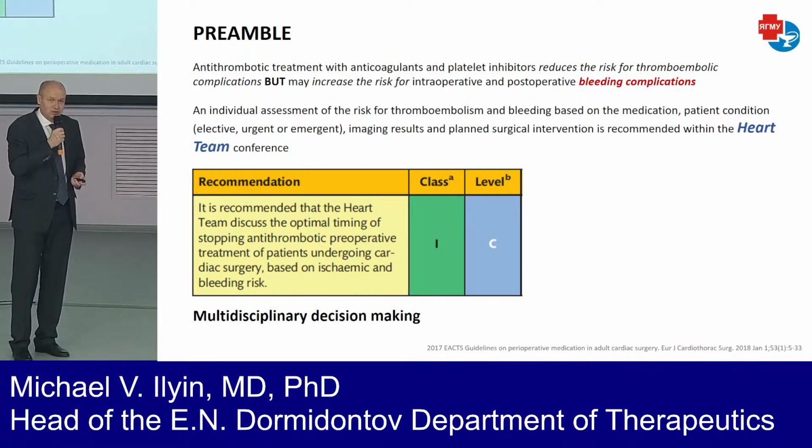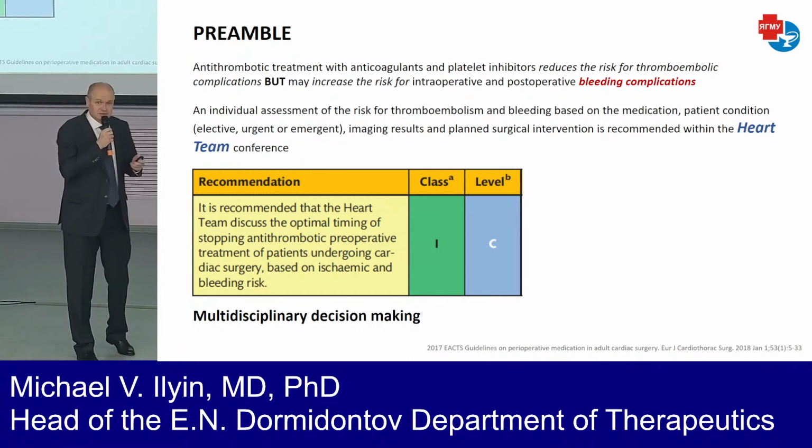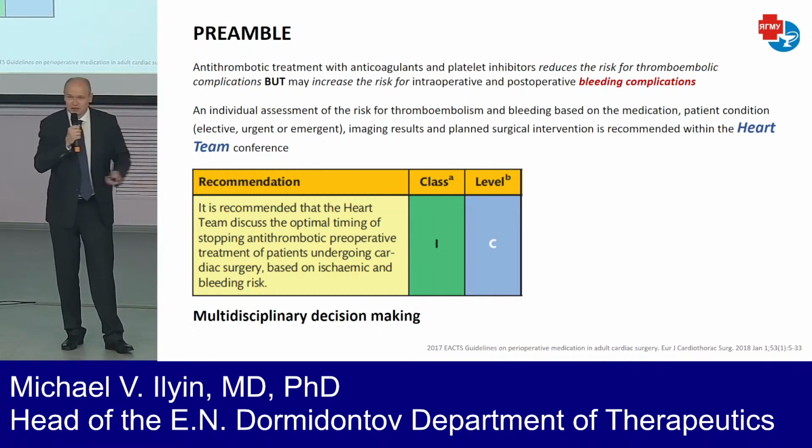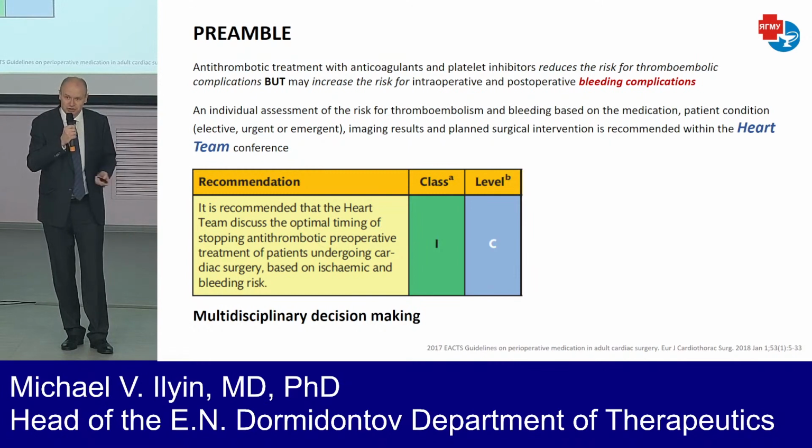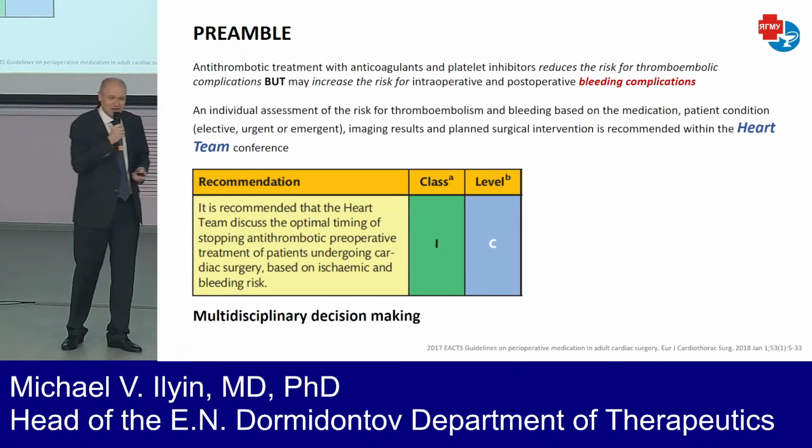So here we meet a new term, Heart Team, because the Heart Team gets together different specialists: cardiologists, cardiac surgeons, anesthesiologists. That is why we get together in this beautiful hall today.